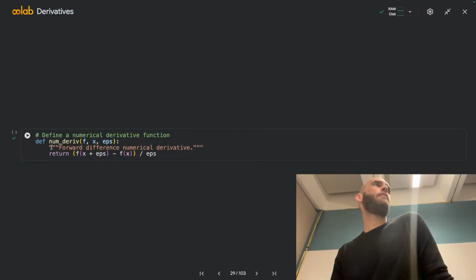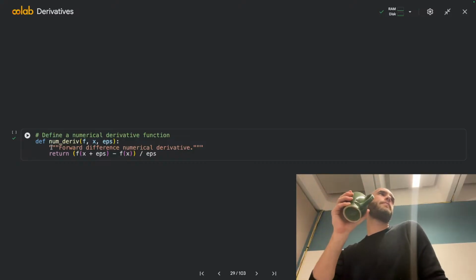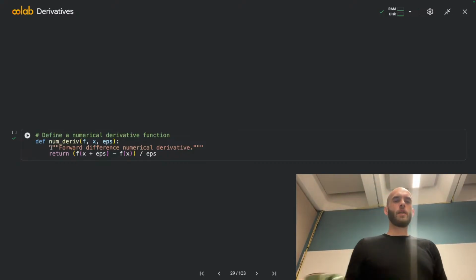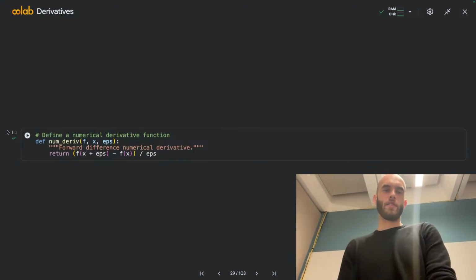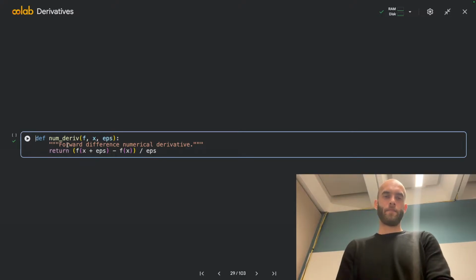How many of you have worked with function definitions in Python before? No, I'll take that as a no. So let me talk this through. This first part is just the comment, and we can get rid of this. I don't particularly care about the comment. All we're doing is trying to define a numerical derivative.